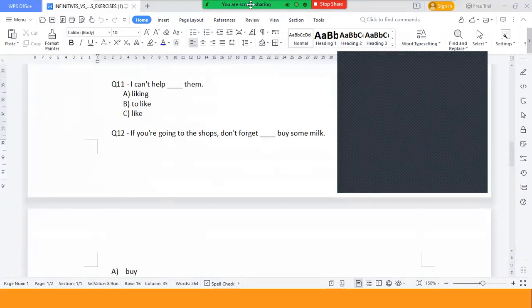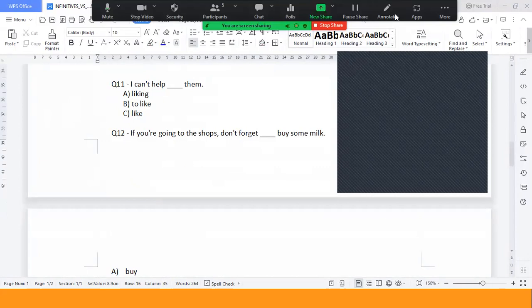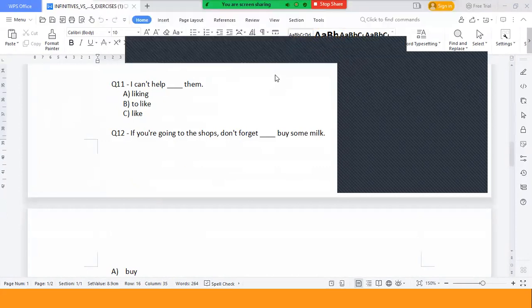Okay, for number 11 on, it's a bit more difficult. Let's see number 11. Loreto, please. I can't help to like them. What's the meaning of, how do you understand that sentence?